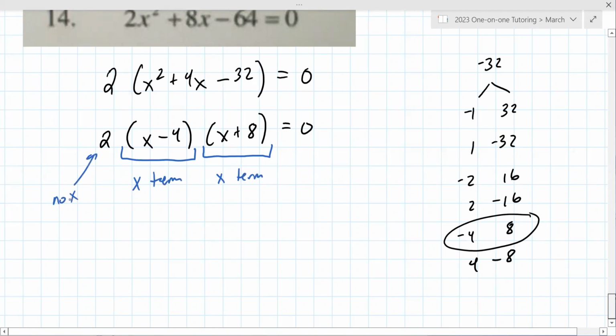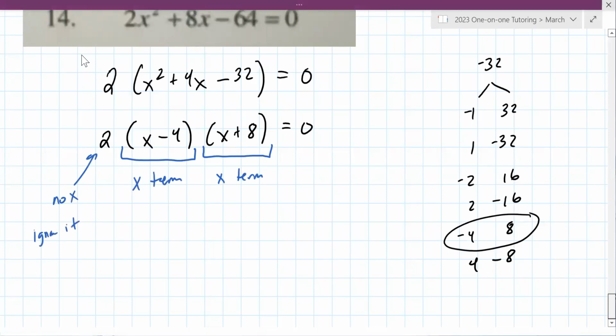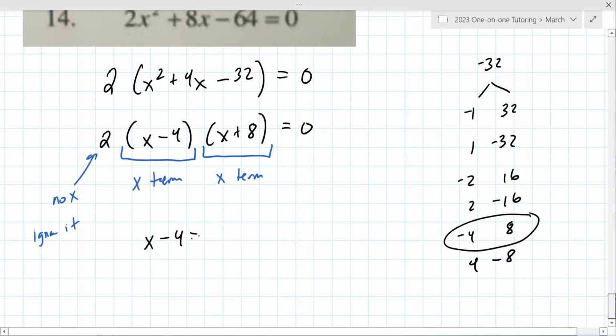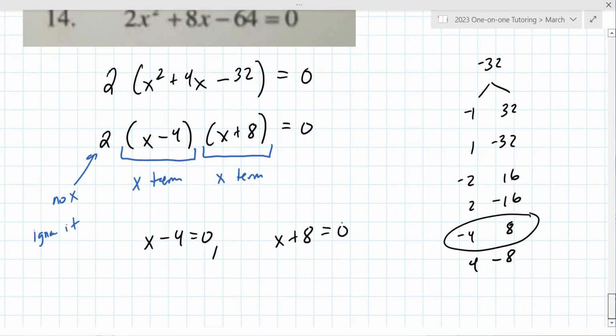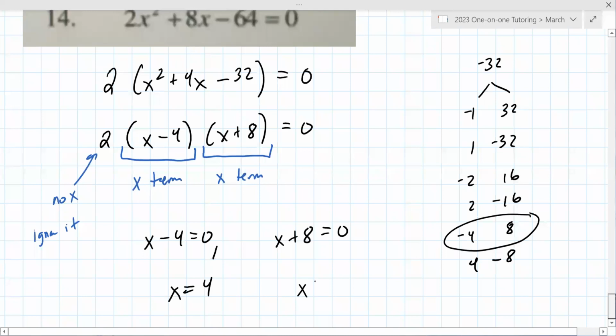There's nothing written, so you ignore it. But you still set x minus 4 equal to 0, and x plus 8 equal to 0. So x equals 4, and x equals -8.